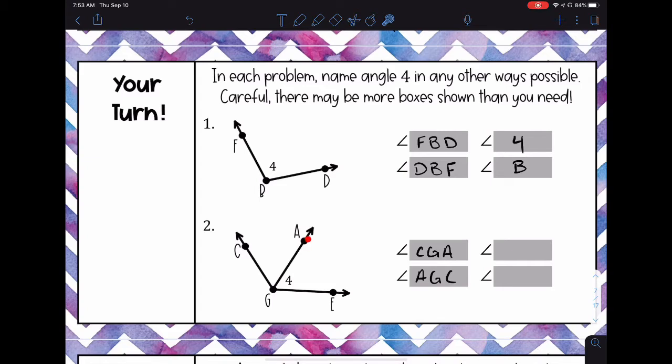You can name it AGE. There's another angle right there, AGE. You can also go backwards and do EGA. You could also name this guy right here angle 4.